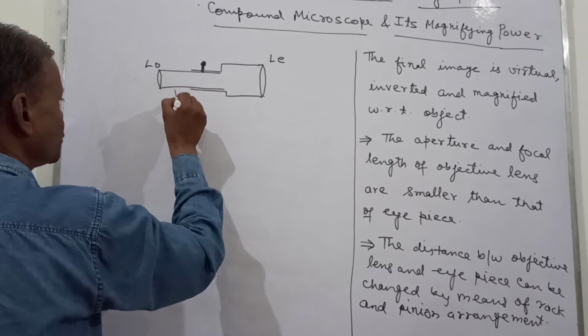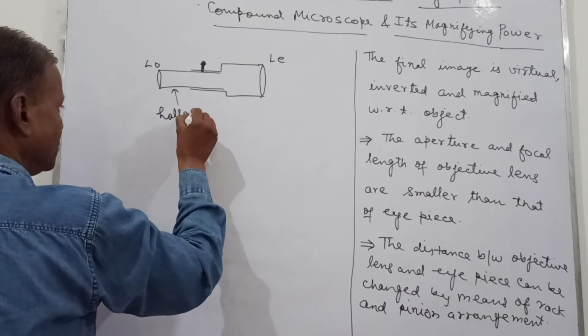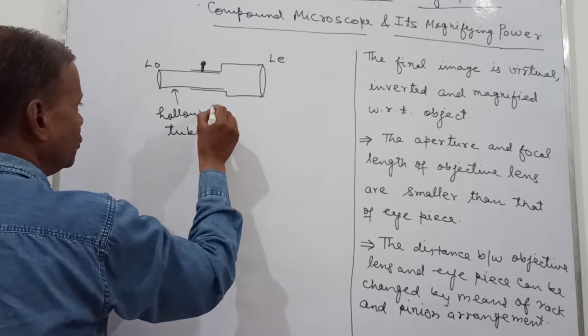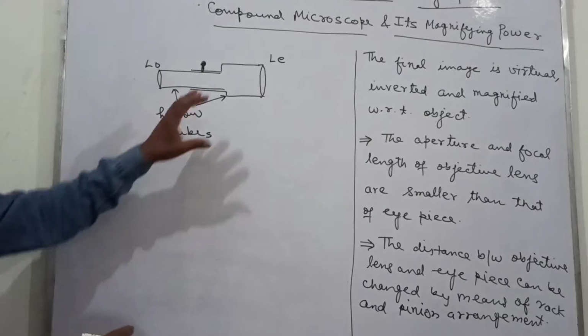These are the hollow tubes. This is also a hollow tube. This one has a bigger diameter, and this one has a smaller diameter.